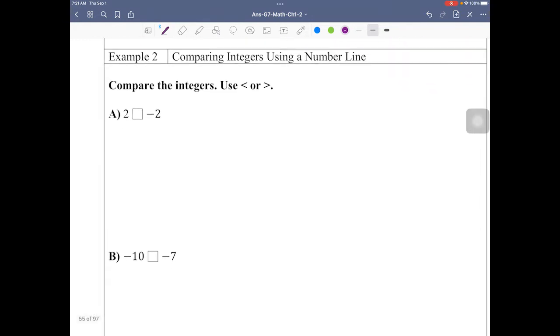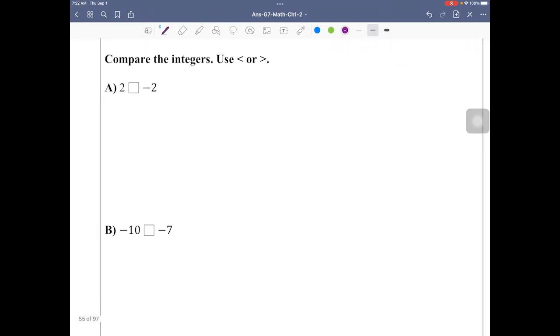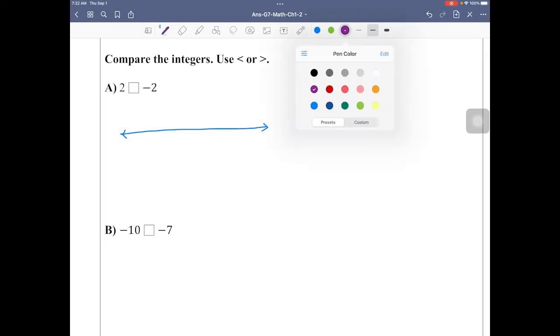Now we want to compare integers using a number line. The number line is a very important tool in math. We start from 0. The more to the right a number is, the larger it is.